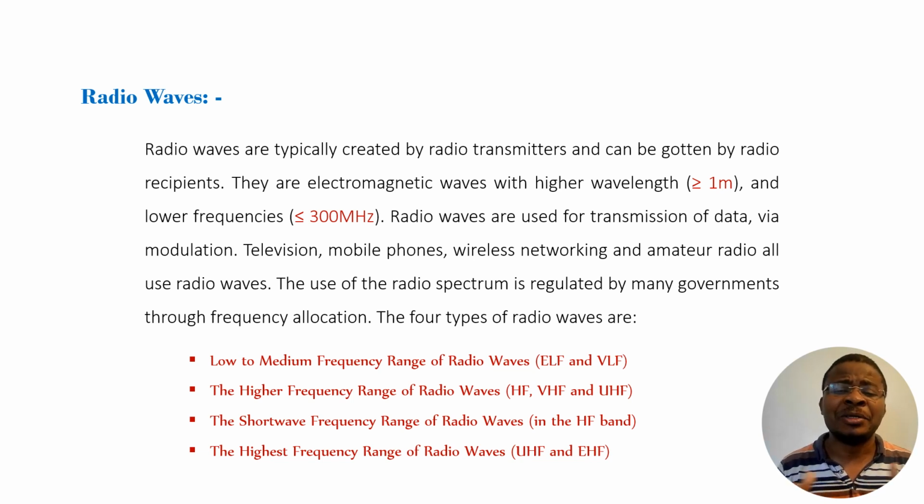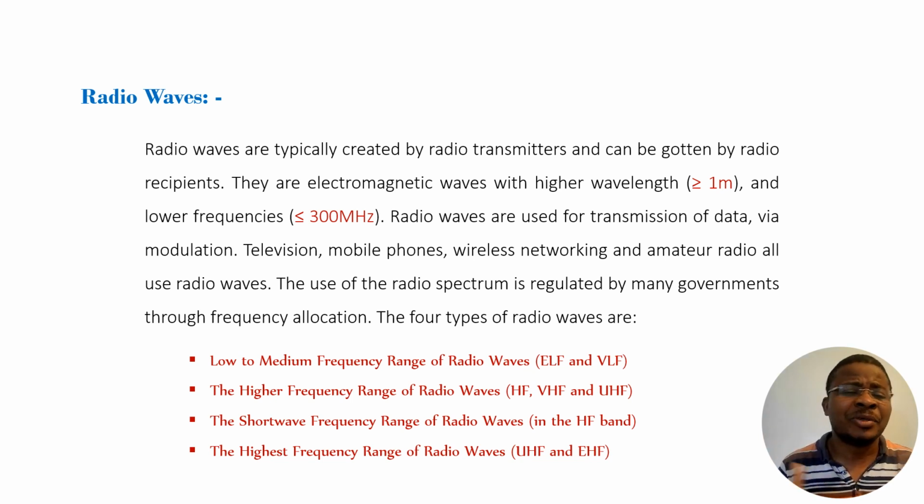Radio waves are used for transmission of data via modulation. Television, mobile phones, and wireless networking systems, as well as amateur radio, all use radio waves. The use of radio spectrum is regulated by many governments through frequency allocation.